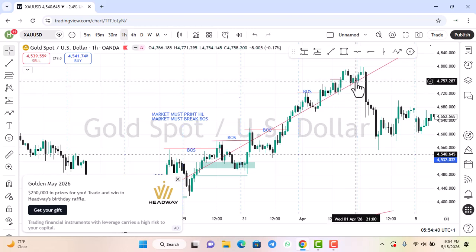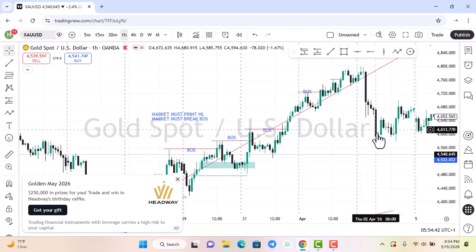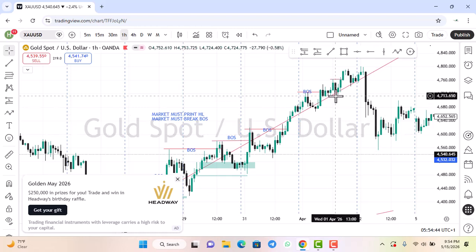Then I wait for when market breaks the trend line. Okay, that is when I can now say the market is trying to change direction. When market breaks my trend line to the downside, if I'm in an uptrend, and if I'm in a downtrend, when market breaks my trend line to the upside, that is when I can now say, okay, market is trying to change from downtrend to uptrend.